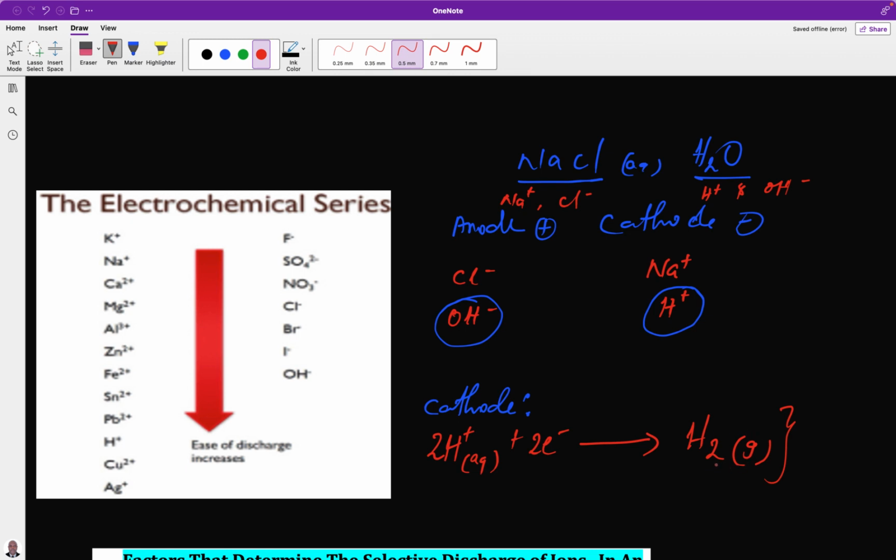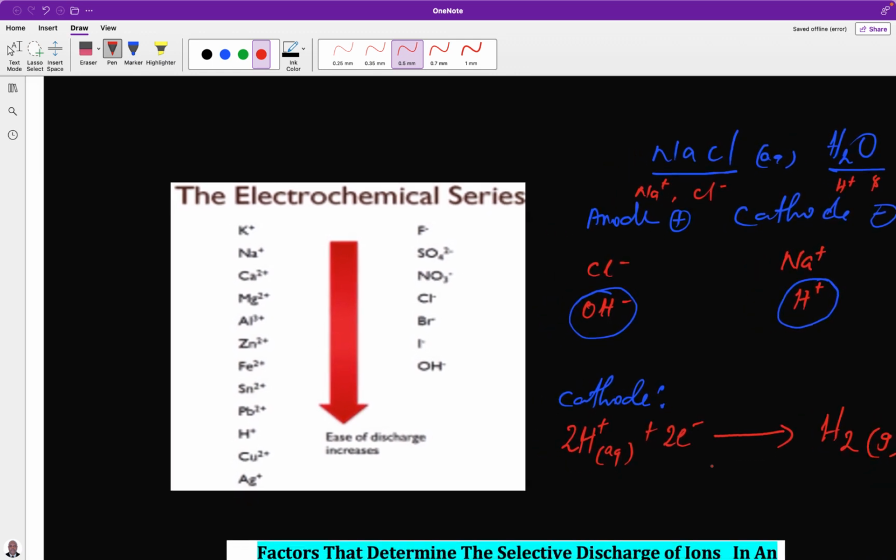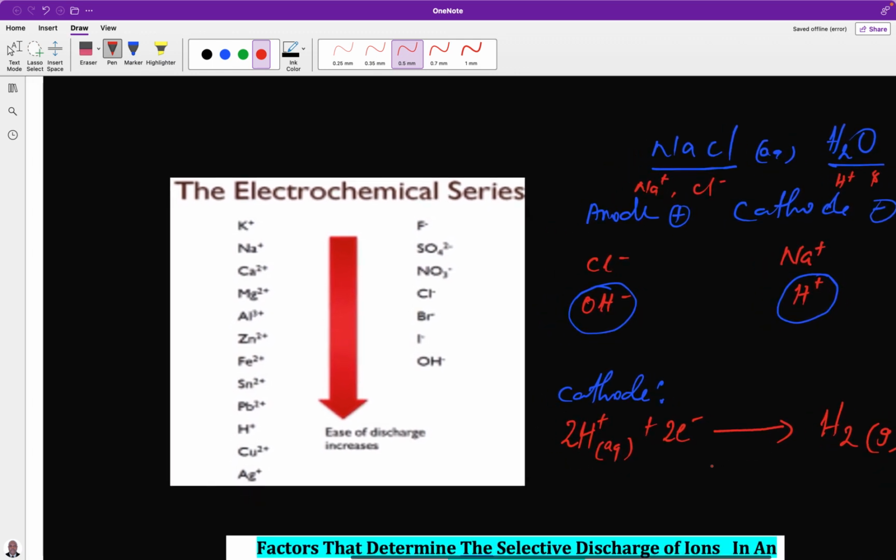Hydrogen is released at the cathode, and what is observed there will be either effervescence, or you can say there is fizzing. Effervescence is observed, fizzing is observed, indicating the release of a gas. So let's go back to our question and present our answer the way we have discussed.